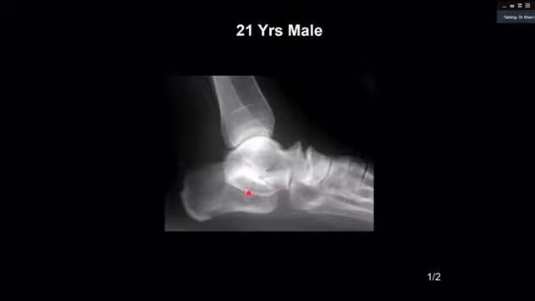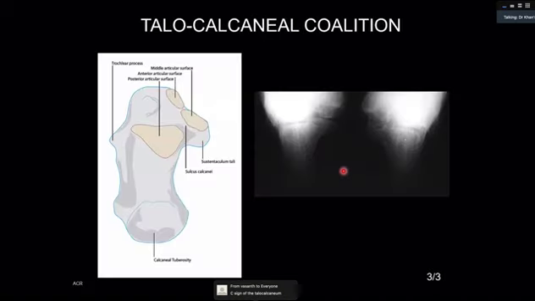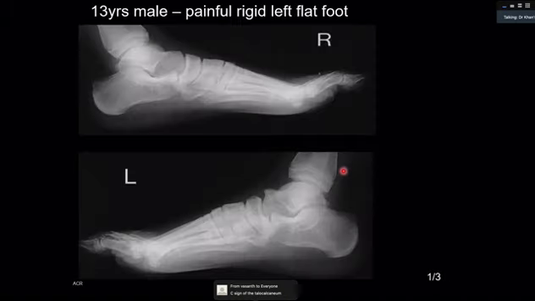Do you see this thing? Oh, the sustentaculum tali? No, this sign is known as C sign. If you go back just to refresh your anatomy, go to lateral, and this is how it projects, right?